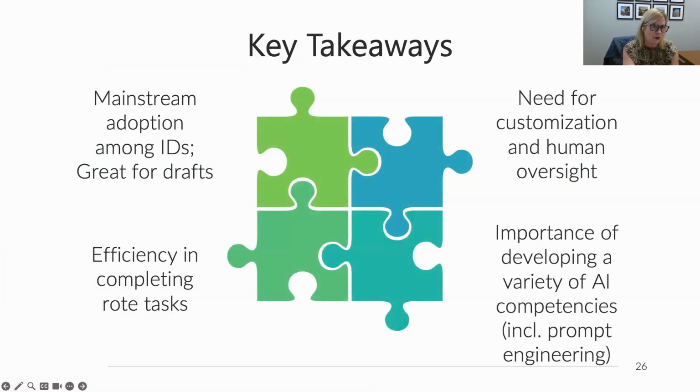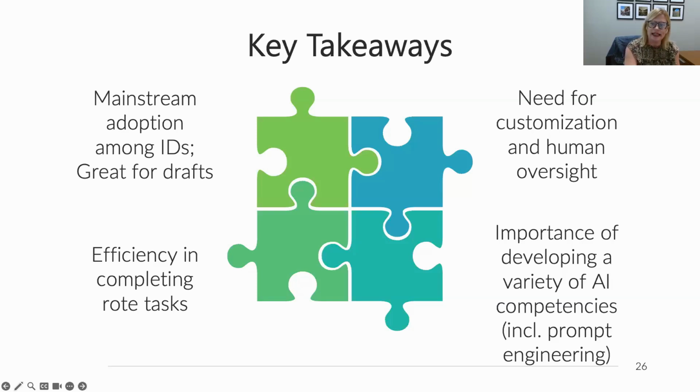So key takeaways include we're really seeing mainstream adoption among IDs, and it really works great for drafting objectives, for drafting outlines, additional content. It is very efficient in completing rote tasks or tasks that may have taken you hours and hours to do, or days.